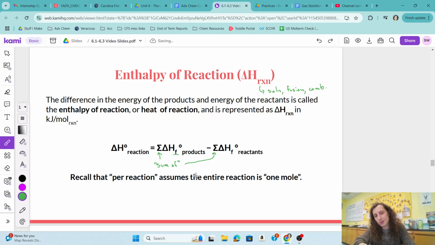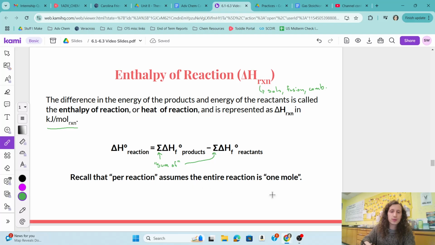So for now, don't worry about them. What I do want to emphasize is that we are summing the products' enthalpy states and then subtracting the reactants' enthalpy states, okay? And then lastly, this delta H of reaction is measured in kilojoules per mole of reaction.